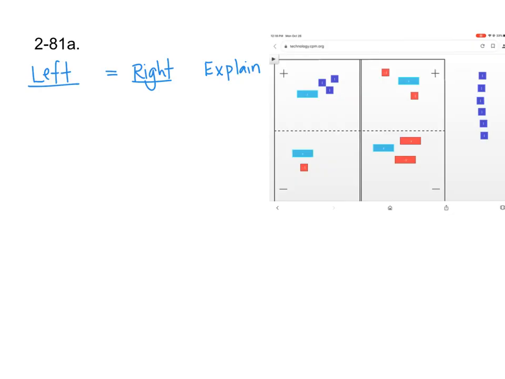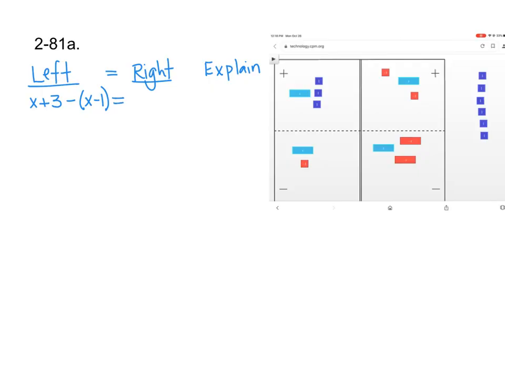So here I have built an equation mat for 2-81A, and now I need to write the equation that's represented by this equation mat. So on the left side here, I have x plus 3. And in the opposite region, I have x minus 1.